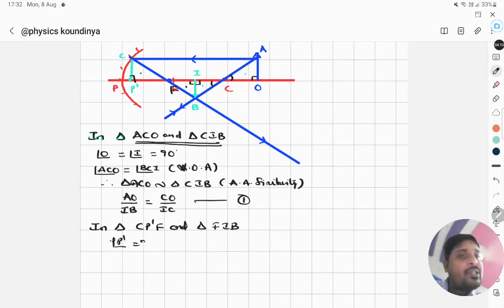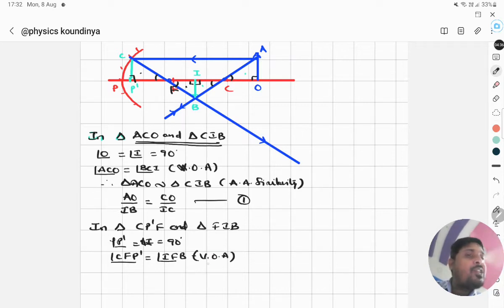Angle P dash is equal to angle I is equal to 90 degrees. Another, these two are vertically opposite angles. That's why I can say angle CFP dash is equal to angle IFB. These are vertically opposite angles.